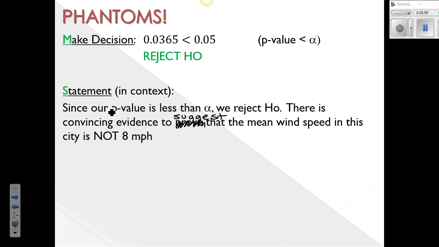That's not 8 miles per hour. Which indeed means what? We just proved it's different from 8. How different? It looks like it's lower, right?